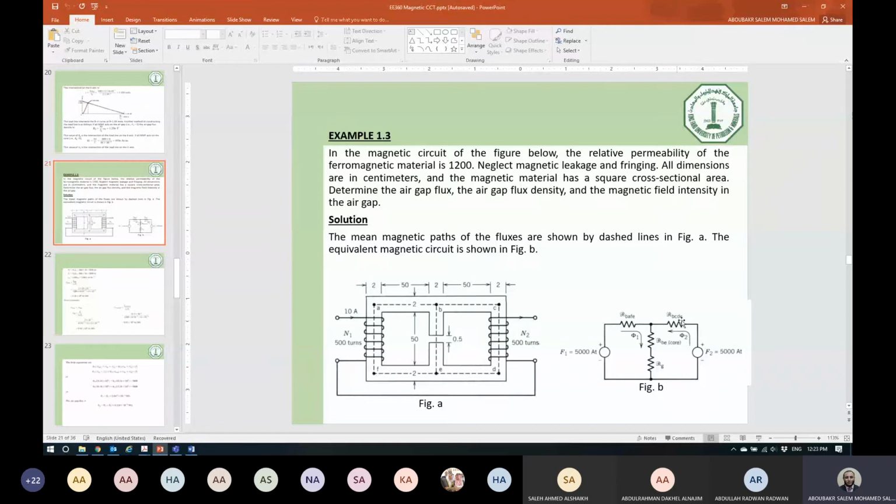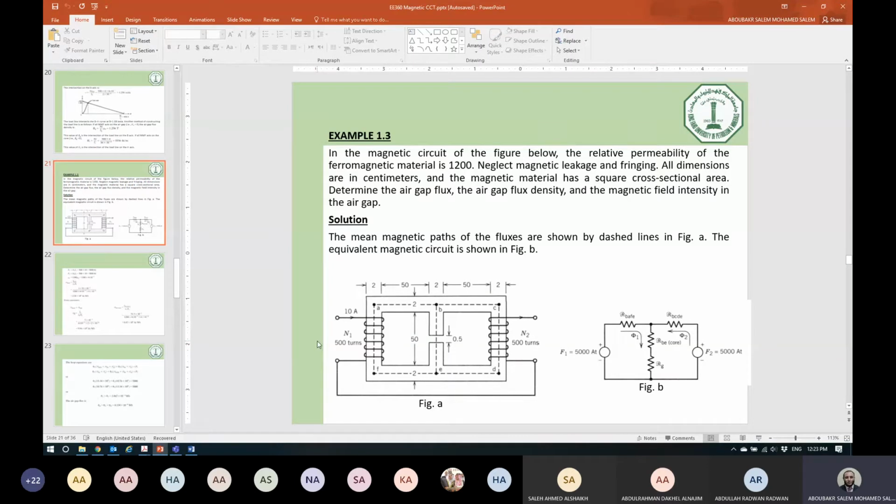And similarly, another reluctance for the right-hand side, and the two reluctances are identical because of the identical dimensions of the right one and left one. Regarding the central one, we have the summated flux moving here, and we have two reluctances, one for the core and one for the air gap.